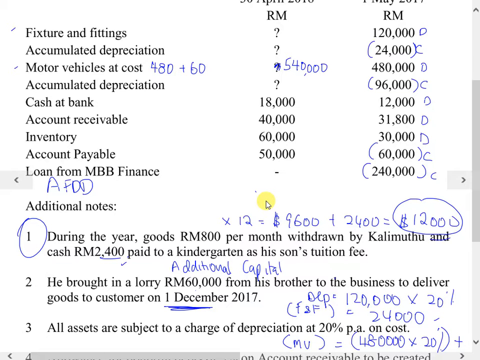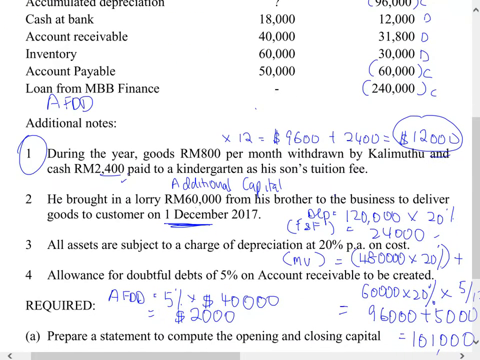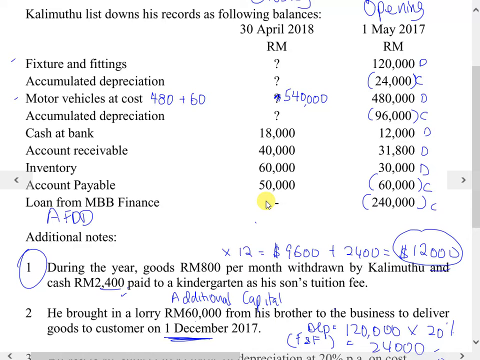Now, is there any information on fixture? You look at note 1, 2, 3, 4, any information on fixture and fitting? No, meaning last year opening balance is 120. My closing, no mention on fixture, means it remains 120. Put in there. No mention on fixture means same. They never say buy or sell, so same.